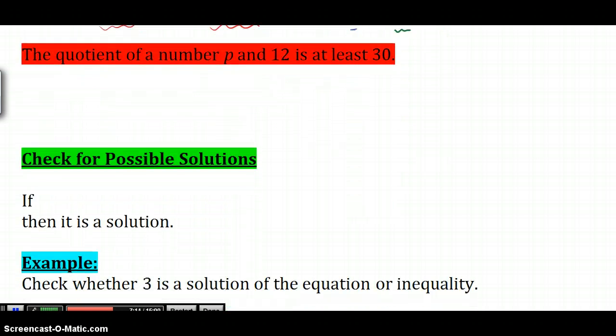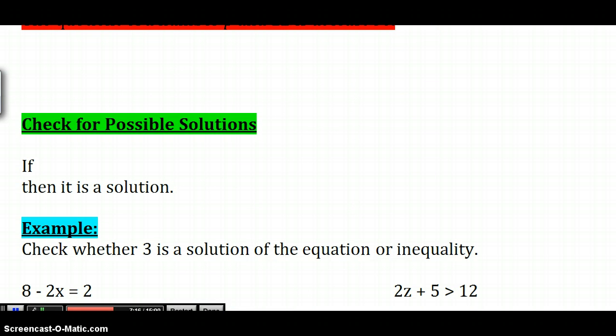The second part of the lesson is checking for possible solutions. The thing to remember is that when you're looking for solutions, you're looking for something that is true. So the solution equals a true statement.